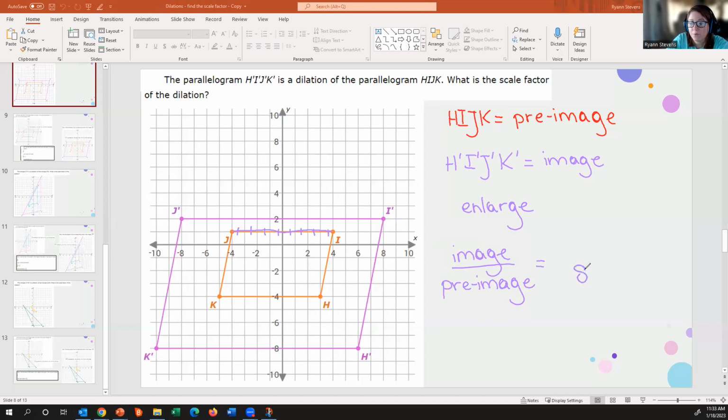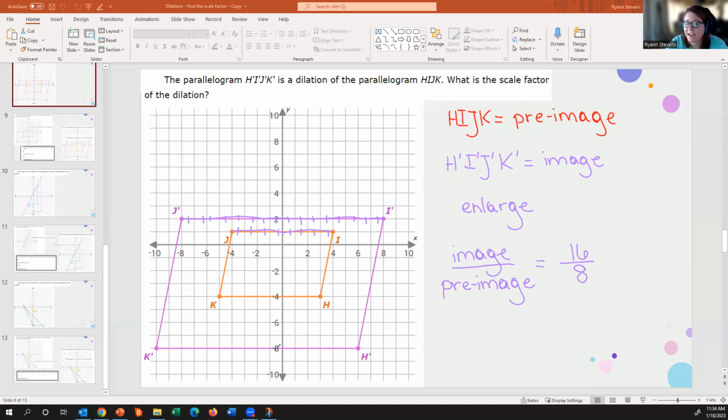And this number would be what we would use for the denominator. And then we have to use the corresponding side. So we're going to use this one up here, which is part of our image. So this is 1, 2, 3, 4, 5, 6, 7, 8, 9, 10, 11, 12, 13, 14, 15, 16 units for our image. And now we can simplify this.